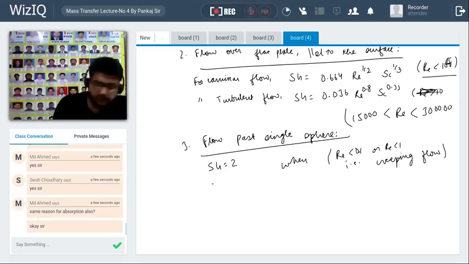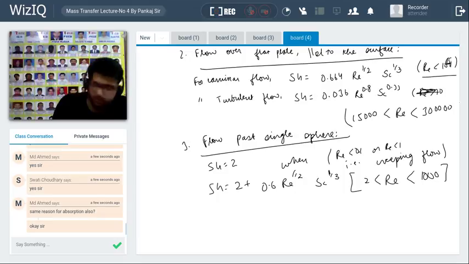Then Sherwood number is equal to 2 plus 0.6 Reynolds number raised to 1/2 Schmidt number raised to 1/3, when Reynolds number is between 2 to 1000, that is, in laminar flow.